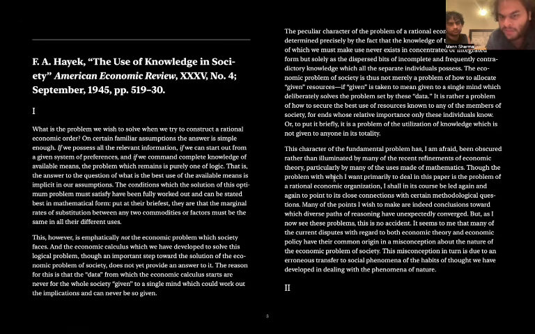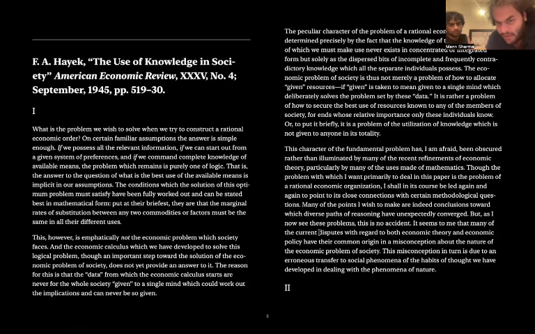Though the problem with which I want primarily to deal in this paper is a problem of rational economic organization, I shall in its course be led again and again to point to the close connection with certain methodological questions. Many of the points I wish to make are indeed conclusions towards which diverse paths of reasoning have unexpectedly converged. But as I now see these problems, this is no accident.